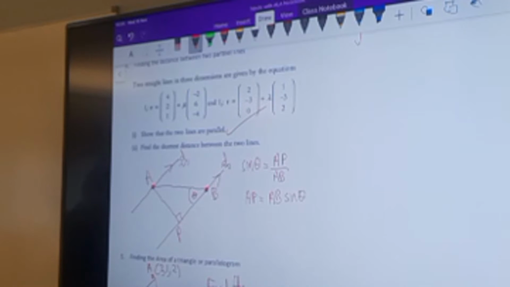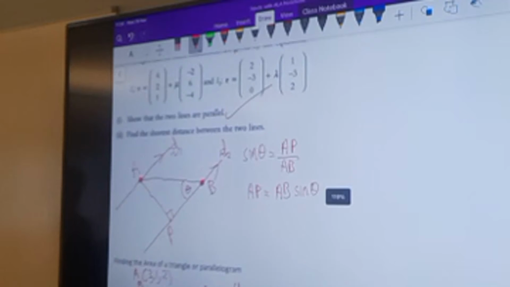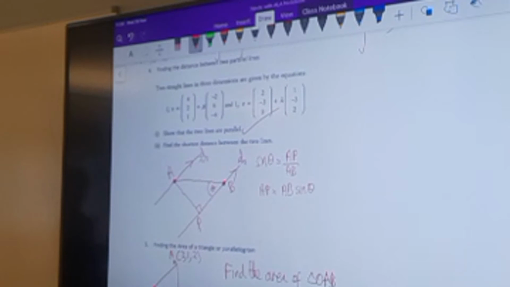Okay, now do we know sine theta? We do know AB.